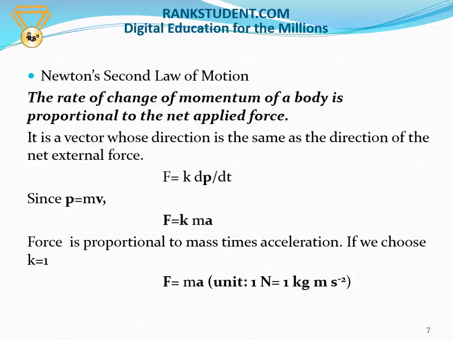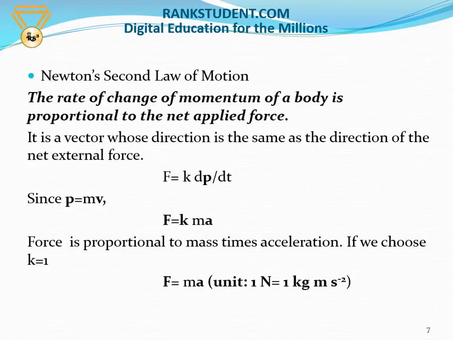Newton's very important second law of motion, the basis of classical physics if you would, states that the rate of change of momentum of a body is proportional to the net applied force. In other words, F equals a proportionality constant K times dP by dt, where P is the momentum.